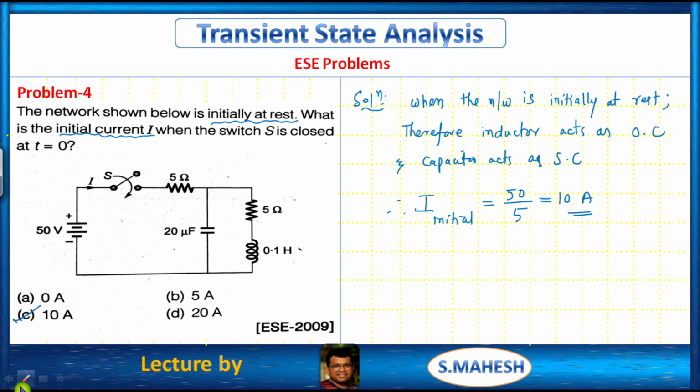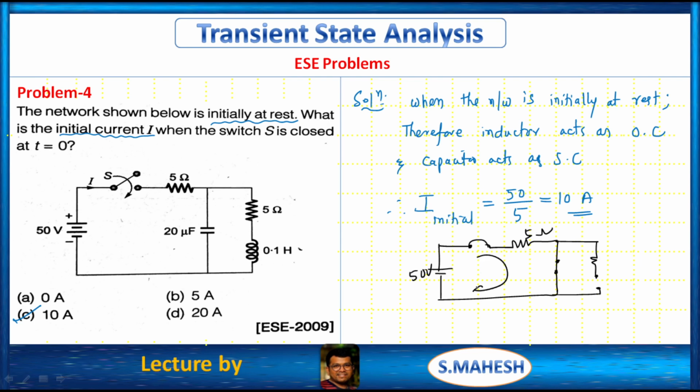Option C. This is the circuit, this is short circuited, this is open circuited. This is 5, this is 50. Therefore the current circulates in this loop only, right? That is the initial current, 10 amps.